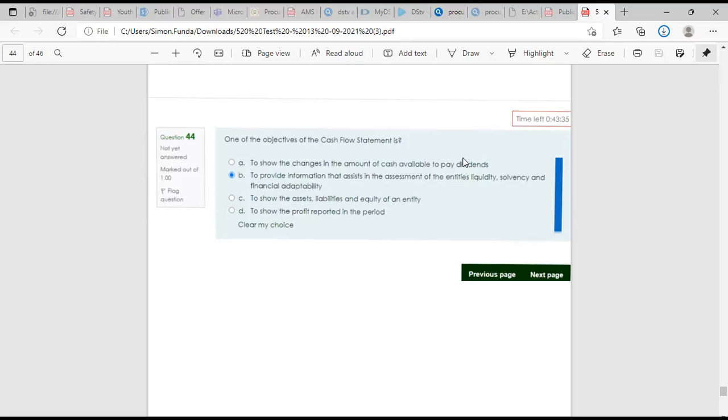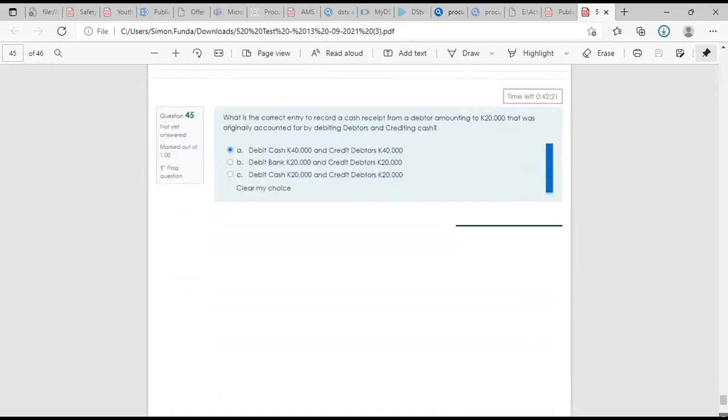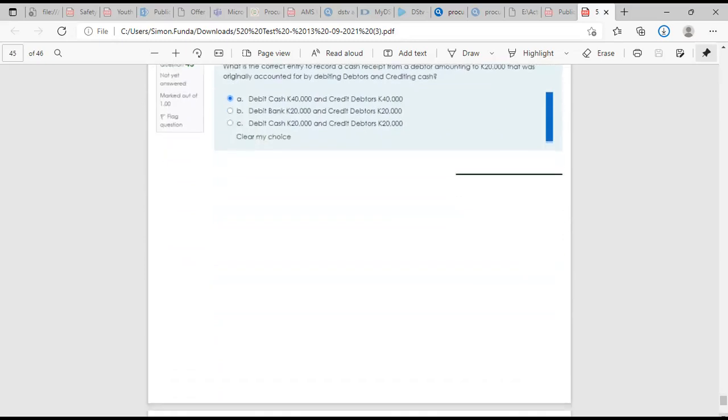So dividends cannot be the main objective, but first of all, we are looking at the liquidity and the solvency, the ability of the company to meet its obligations.